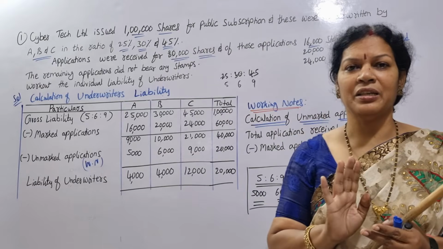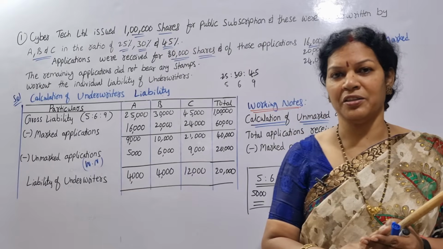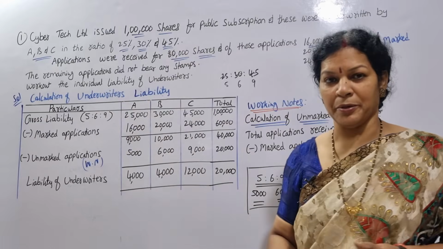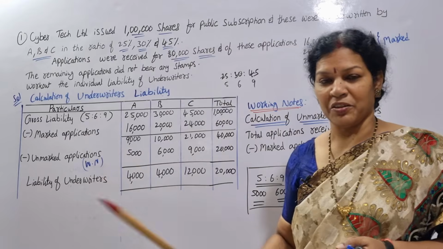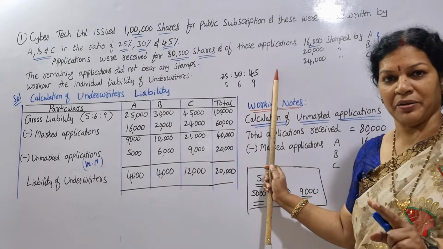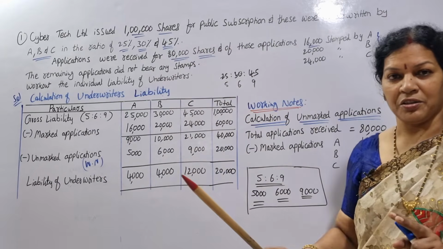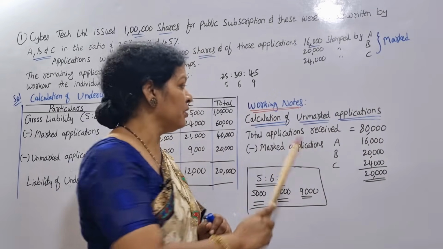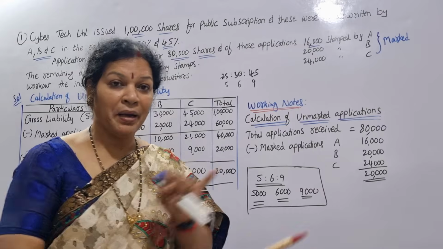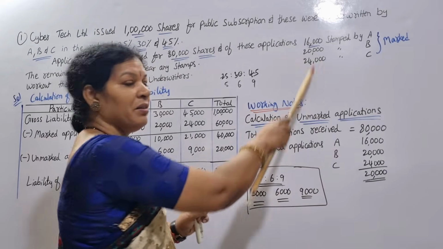First of all, to get the individual liability of underwriter, first we have to take gross liability. Gross liability minus marked application. Marked application is always given. So if you deduct it and deduct unmarked, unmarked you have to calculate. How do you get unmarked? Simple. Applications received minus marked. Marked already given.